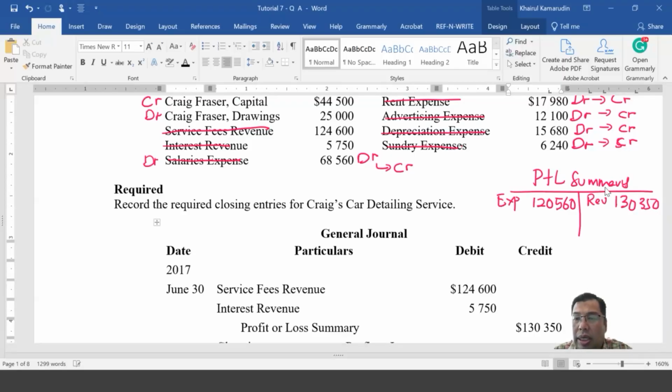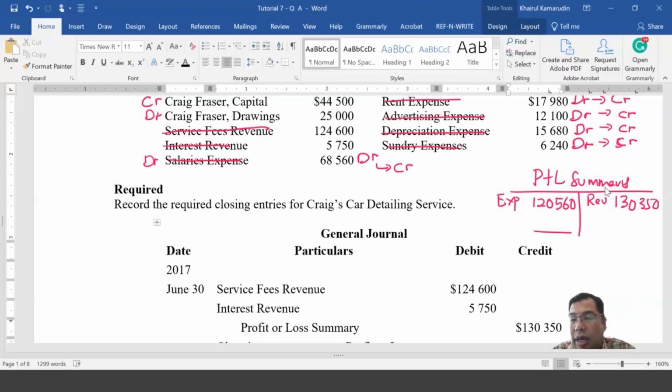If you look at this account, you will notice that our revenue is greater than total expenses. So what is the difference? The difference will be your profit. Perfect, very good, Ushi. This will be your profit.